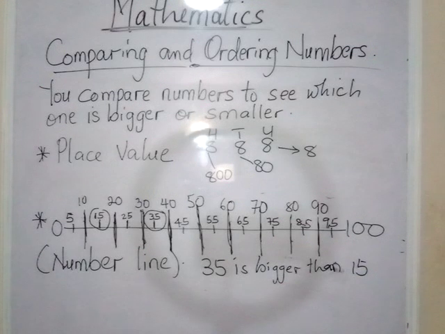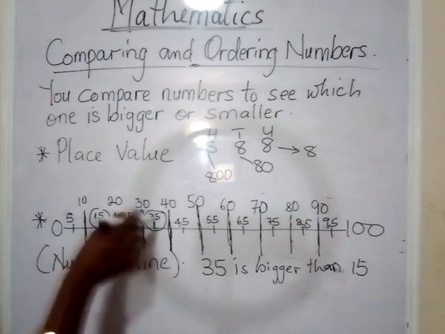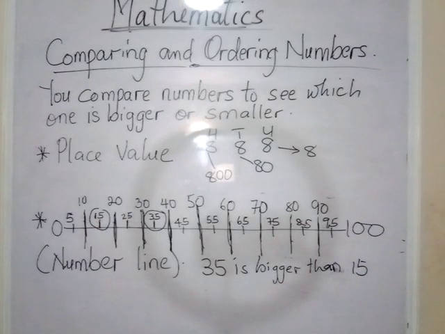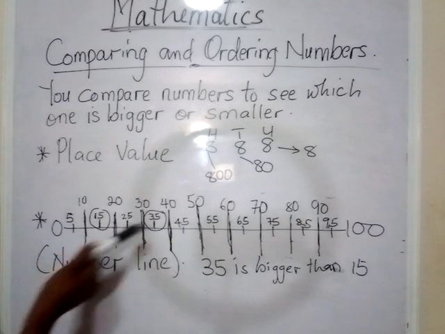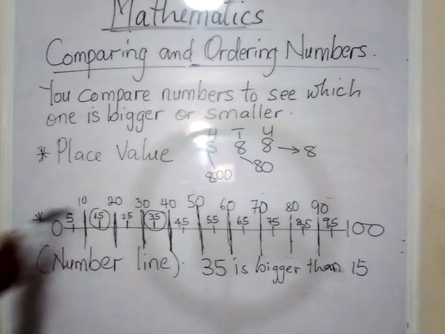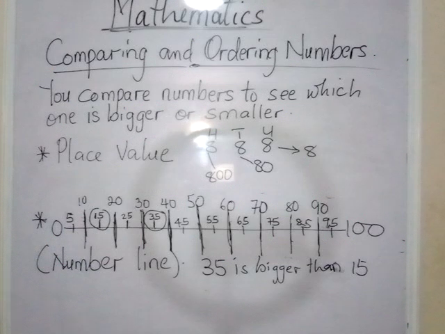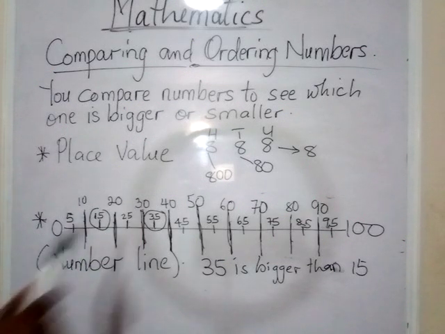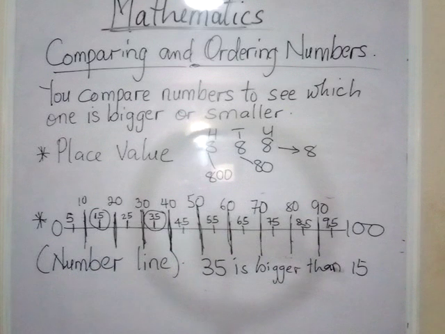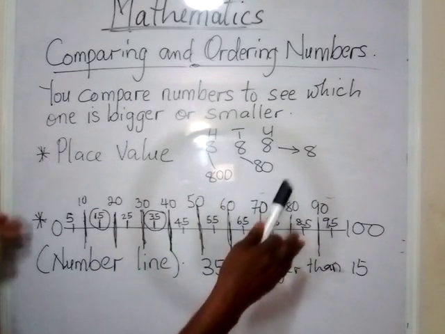Or if the question is, which of these two numbers is smaller, what do you look at? You look at the number between these two that is closer to 0. Remember, the closer the number is to 0, the smaller the value, and the closer the number is to 100, the bigger the value on this number scale.